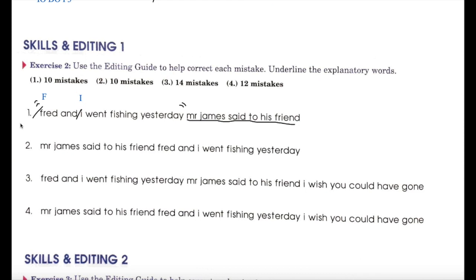Went fishing yesterday. We need to put a comma at the end of our quotation because we have explanatory words that come at the end. We need to capitalize Mr. James because it's a proper noun, and we need to put a period in between Mr. and James. Mr. James said to his friend.